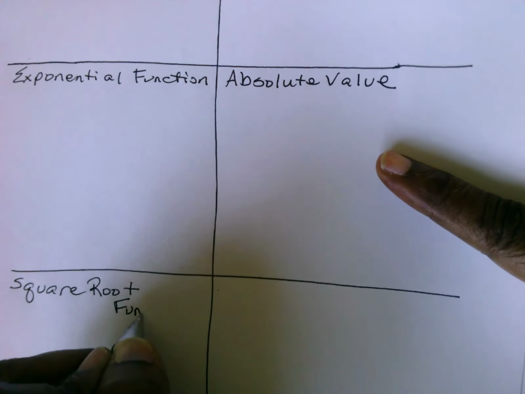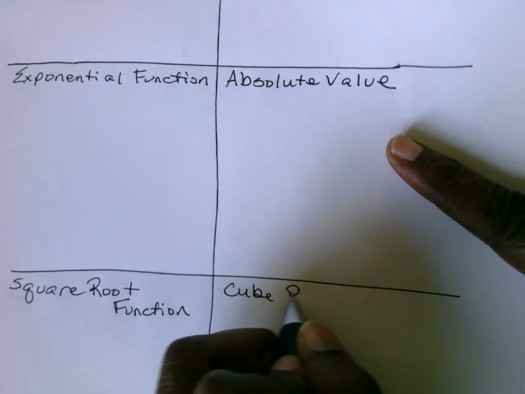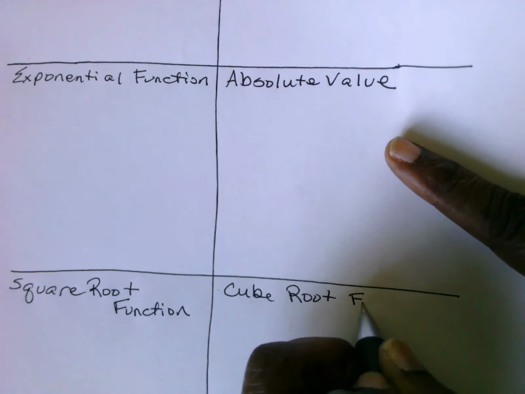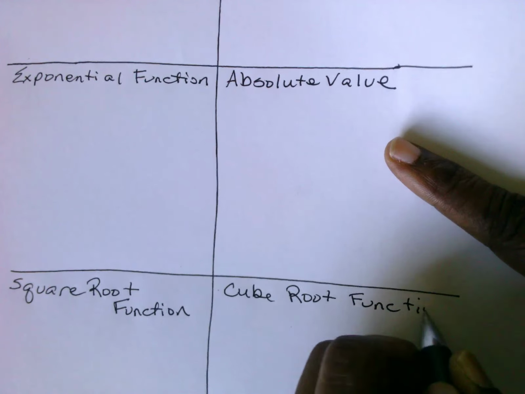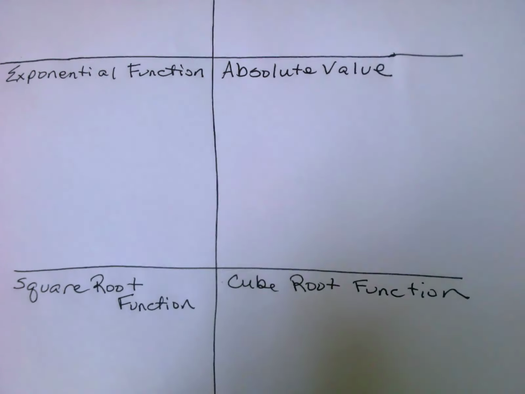And this should be a square root function. And this is cube root function. We're going to write what each one looks like on the graph and what it looks like as an equation.